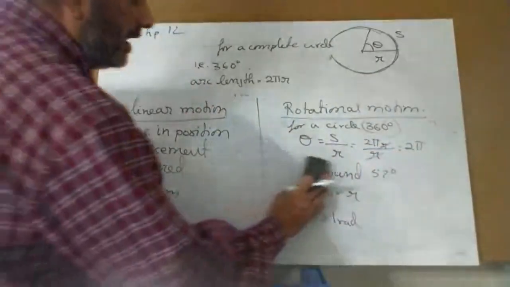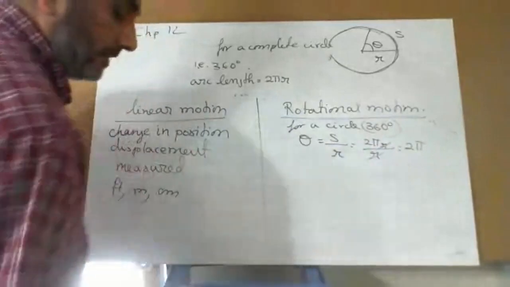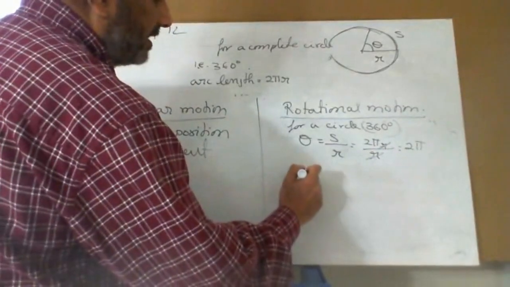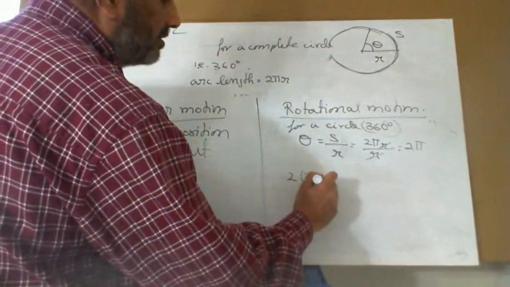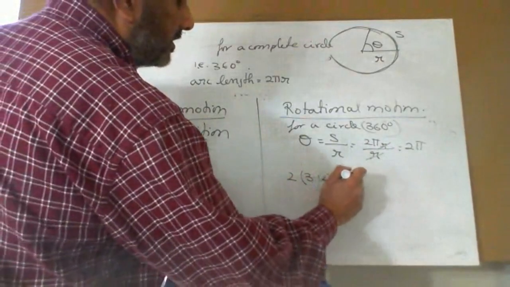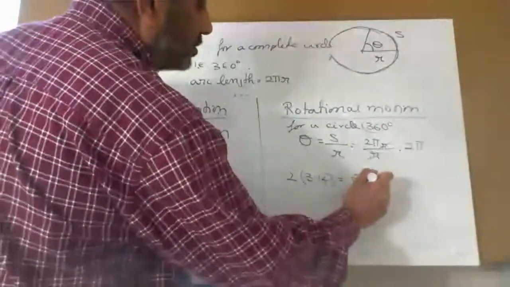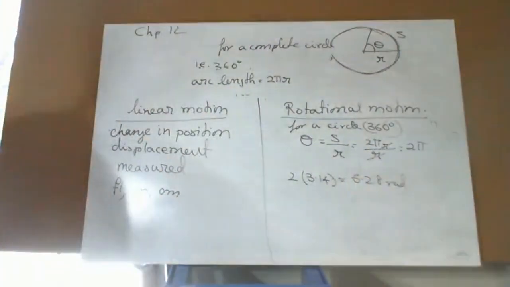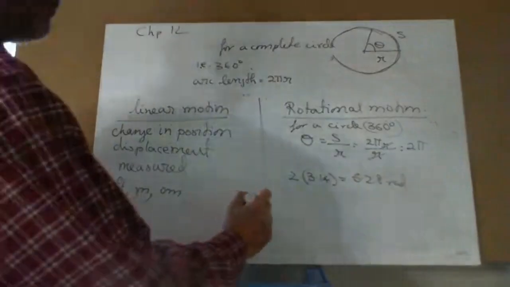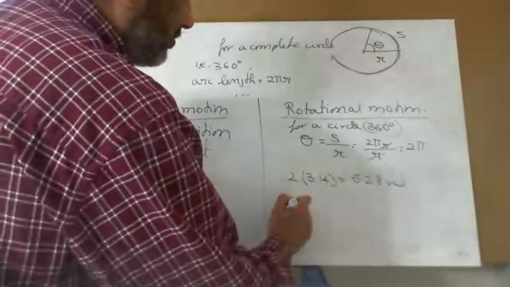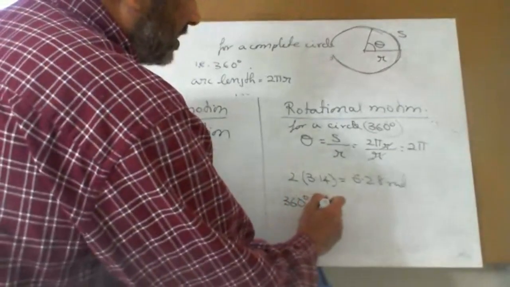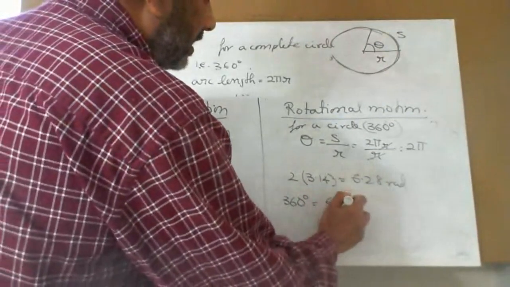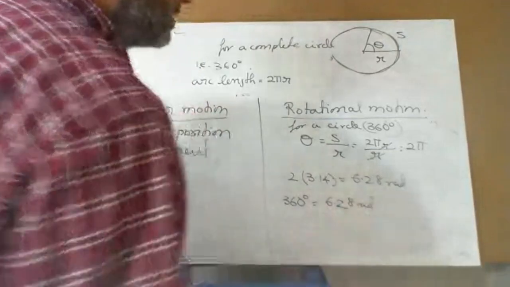2 pi, by the way, with pi being 3.14, is 6.28 radians, RAD. In other words, 360 degrees is equal to 6.28 radians.